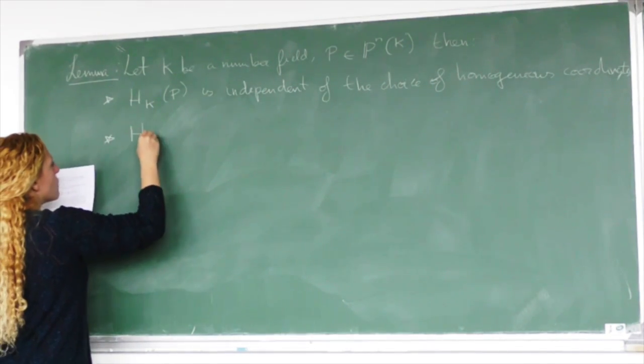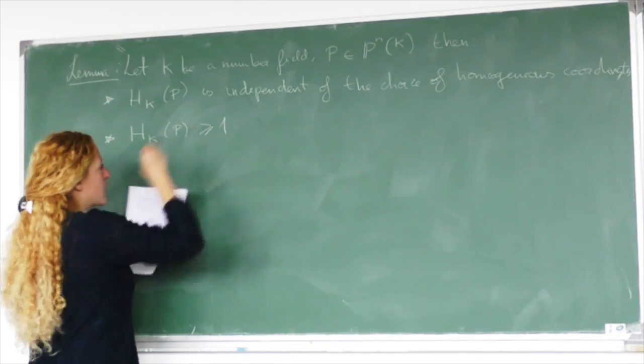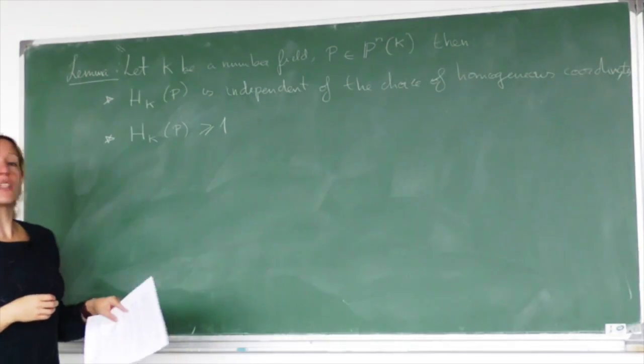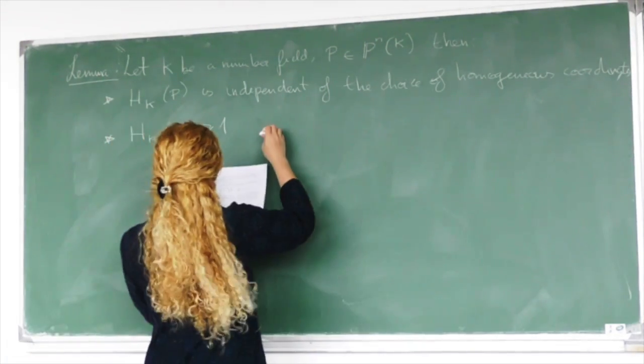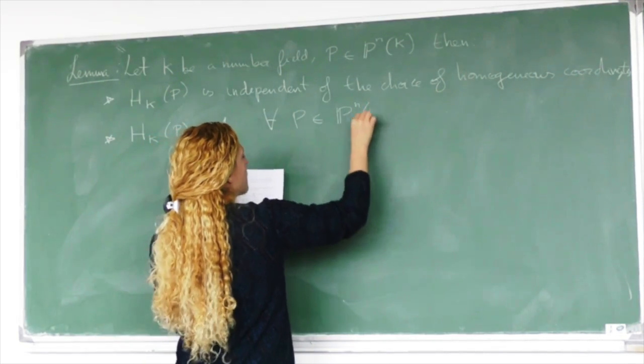So this is the first thing. The second thing is that it is bounded below. So it is always greater or equal than 1 for all P in the projective space.